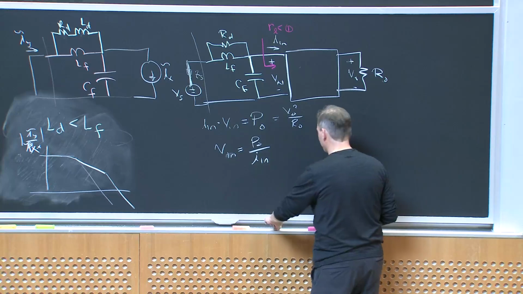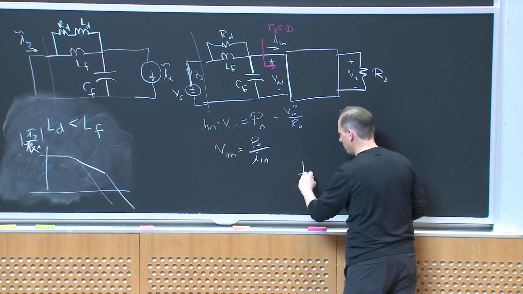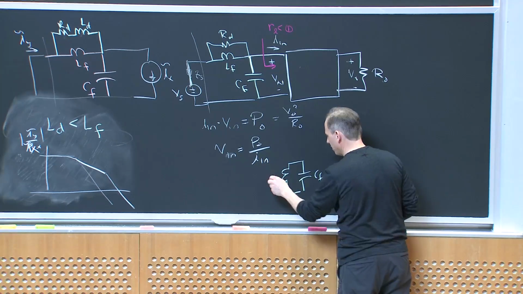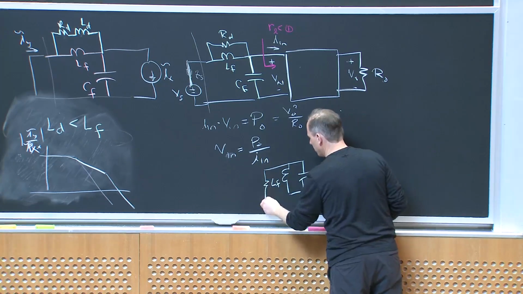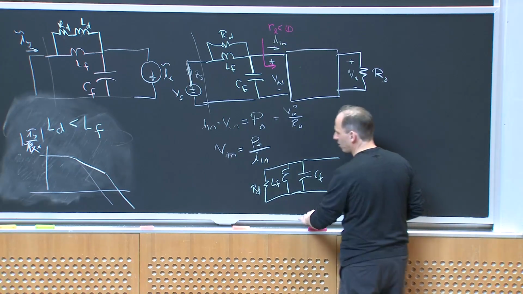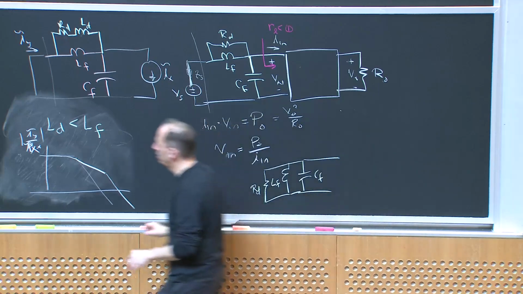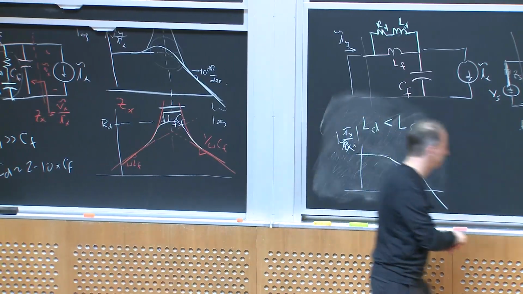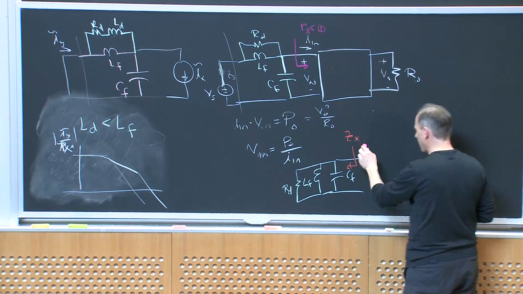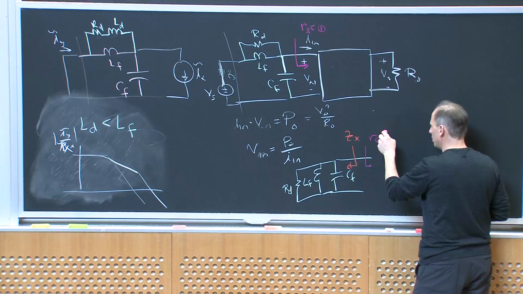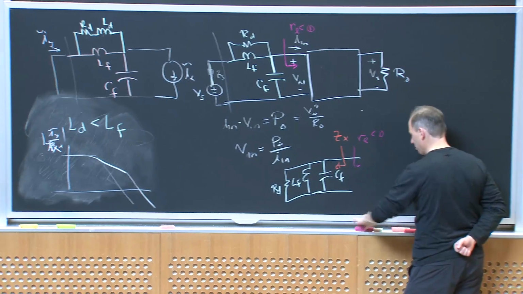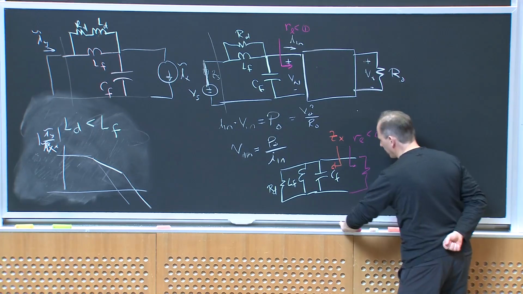So if I were to redraw this, what I have is essentially C_F, L_F, and R_D in parallel, and this output impedance we've been calling Z_X. And he's looking in the other direction, he's looking into R_L less than 0. And this is my converter and his load, in the case where the converter is perfect.